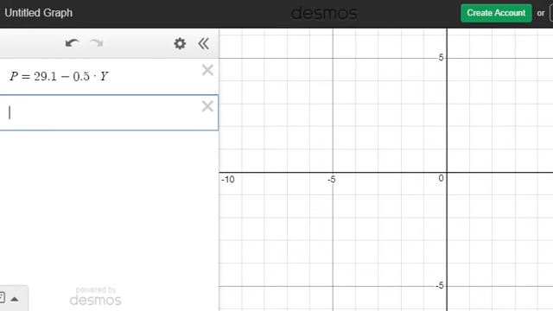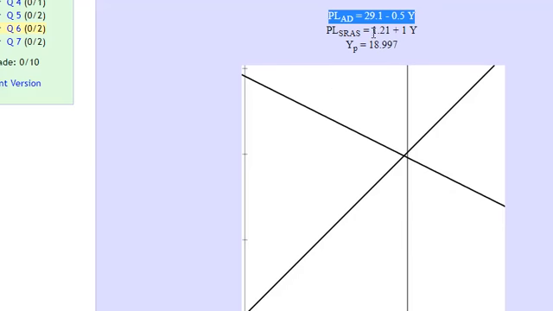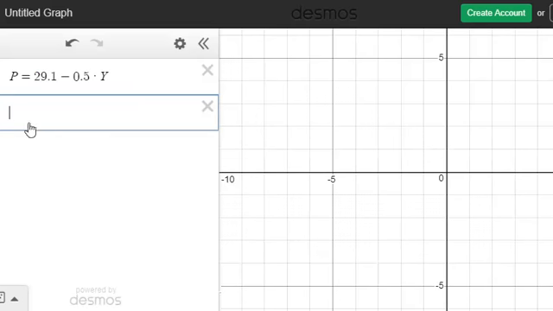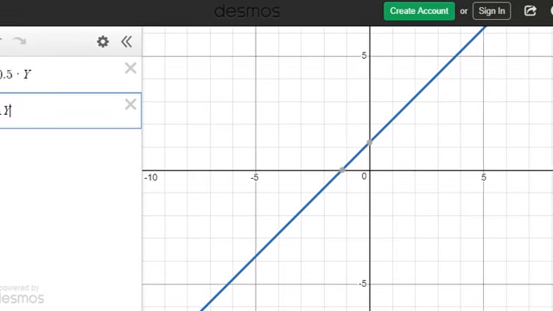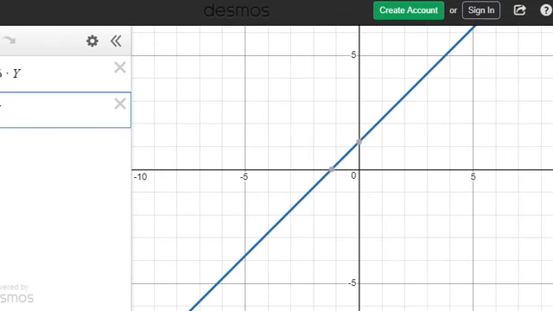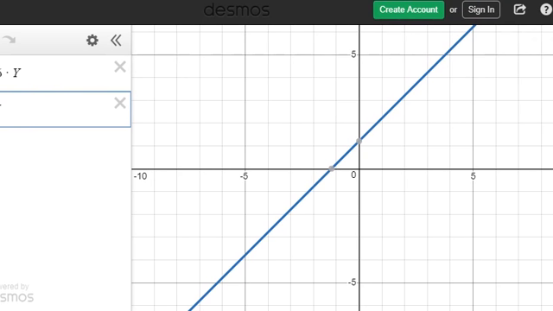Let me grab the short run aggregate supply curve. So there's aggregate demand, there's aggregate supply. Okay, and then I'll move this back to where it was. I think right about here, right?